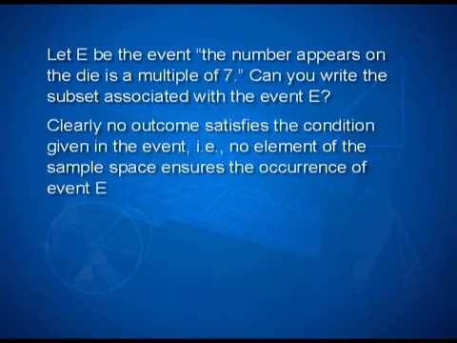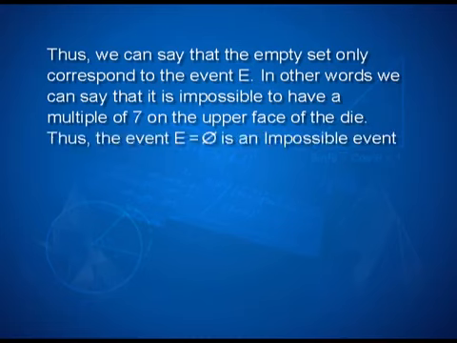Clearly, no outcome satisfies the condition given in the event, that is, no element of the sample space ensures the occurrence of the event E. Thus, we can say that the empty set only corresponds to the event E. In other words, it is impossible to have a multiple of 7 on the upper face of the die. Thus, the event E = phi is an impossible event.